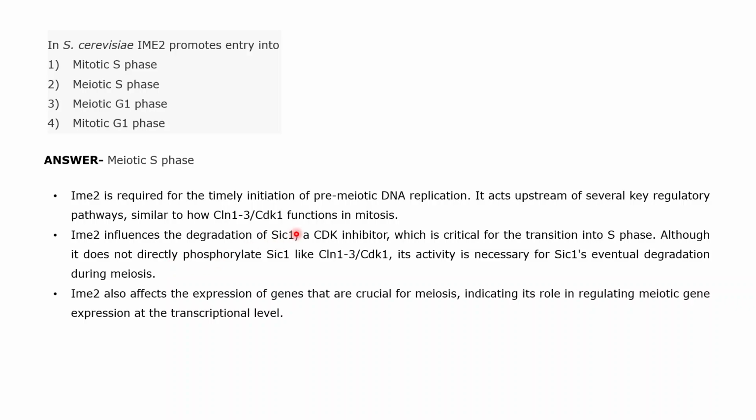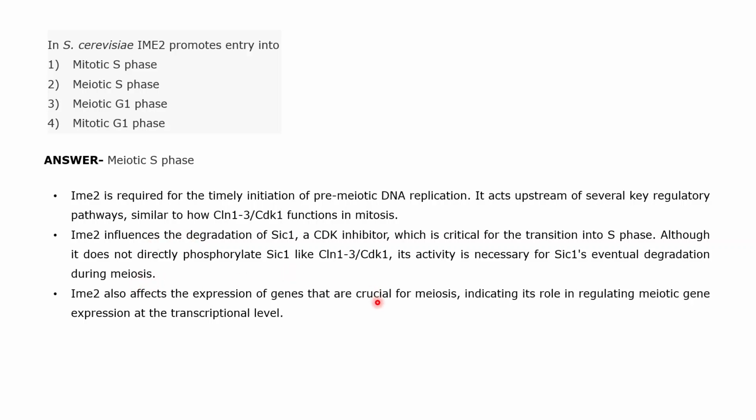Even though it has kinase-like activity, it indirectly inhibits SIC1, and when this inhibitor is inactivated, the CDKs become active and promote the transition into S phase, and after S phase it can enter into meiosis. Even though it's a kinase, it doesn't directly phosphorylate SIC1, but indirectly affects other activities that relate to the degradation of SIC1, and then entry into meiotic S phase.